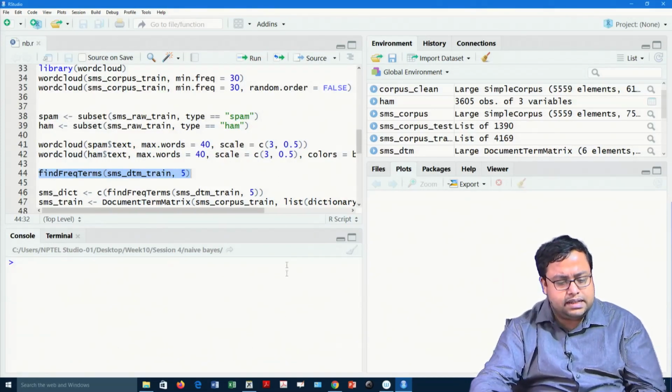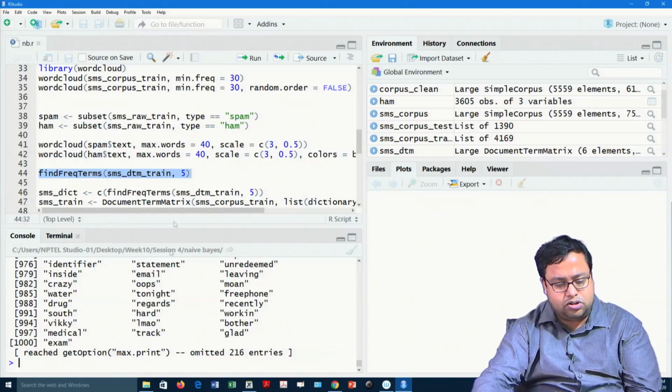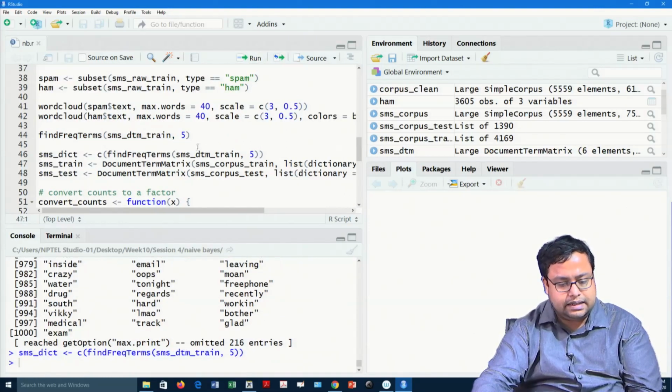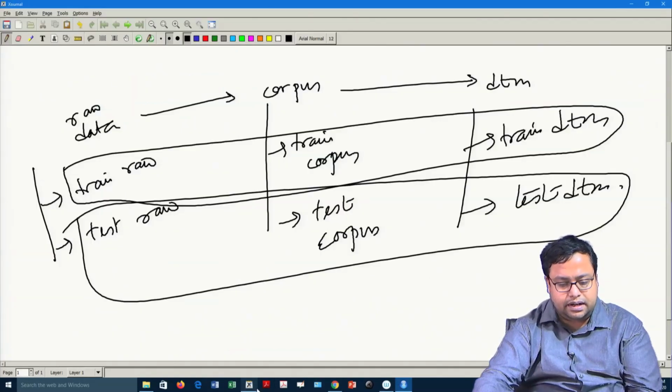So, what I do is I find only those words which have a frequency of at least 5, and those words are 1216. So, what I do next is put these words in a dictionary and then again create this document term matrix for training and testing, whichever I have created here.